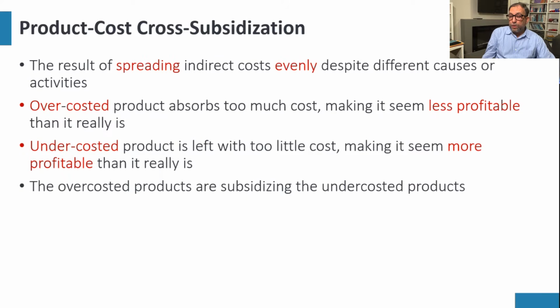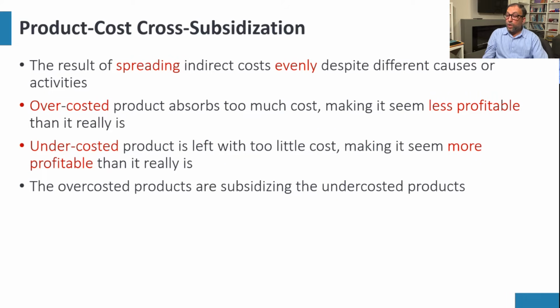The result of spreading indirect cost evenly, despite different causes or activities, is that an overcosted product absorbs too much cost, making it seem less profitable. As I mentioned, if the product is undercosted, then it seems to be profitable, but in fact it is not.